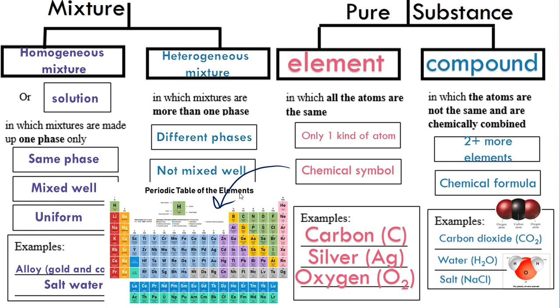When you take a look, we have things like carbon. You probably used carbon a lot last year in biology, and it has a symbol assigned to it, uppercase C. Some elements like silver are assigned 2 letters, an uppercase followed by a lowercase. And then these are what's called monoatomic elements.